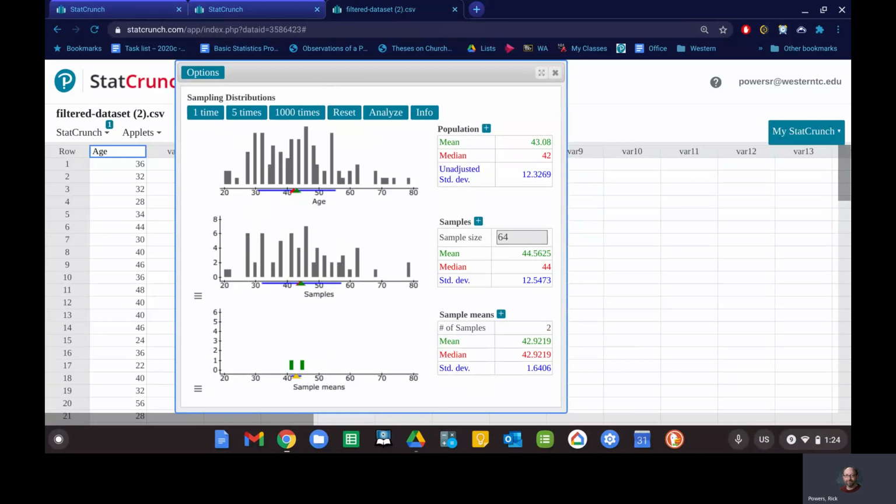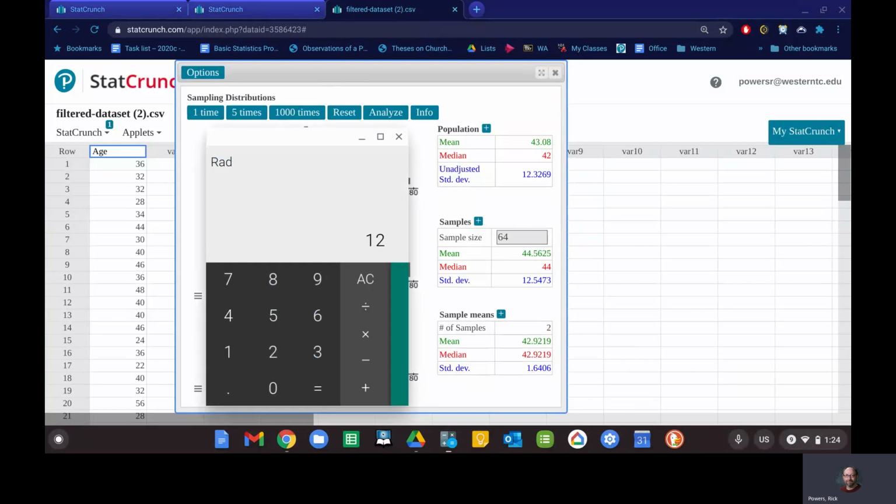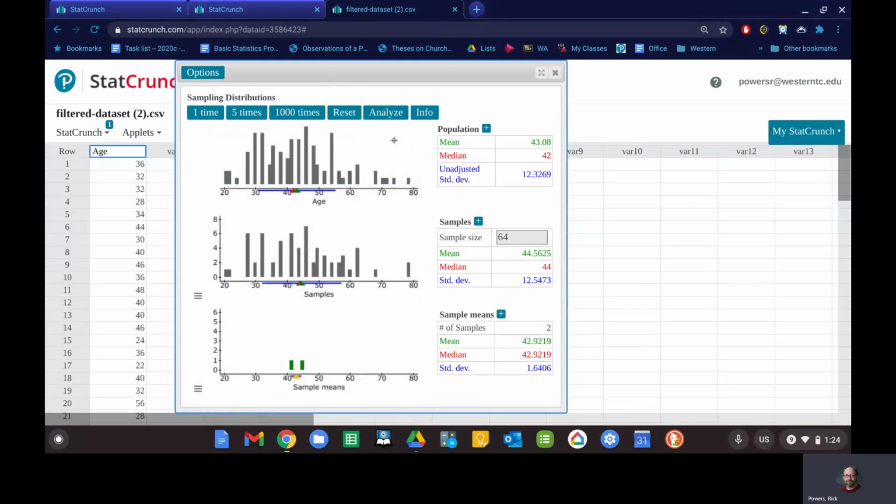Specifically, it would be 12.3 divided by 8, because that's the square root of 64. So if I take 12.3 and divide by 8, the standard deviation of the sample means is going to be approximately 1.5.